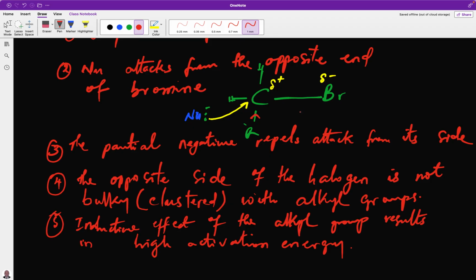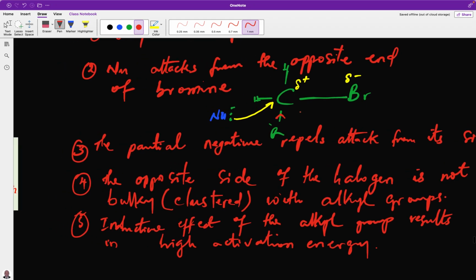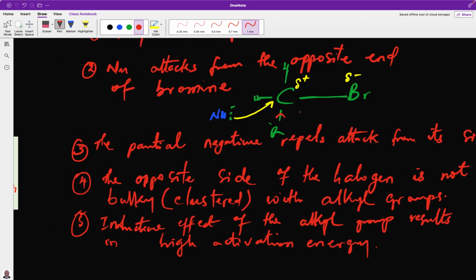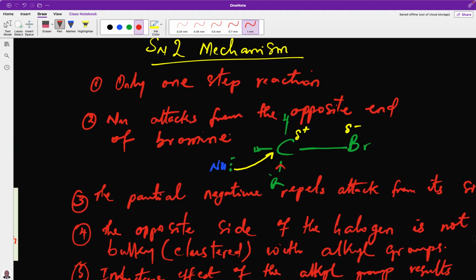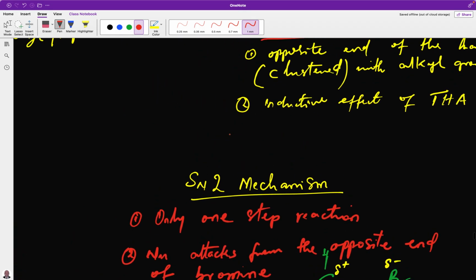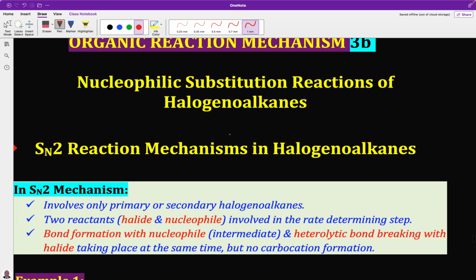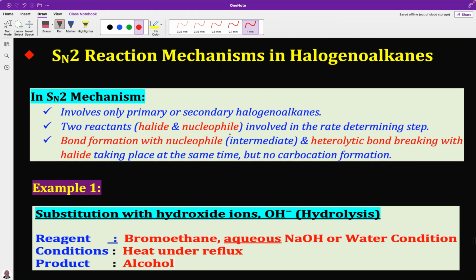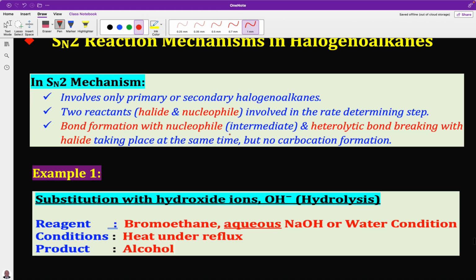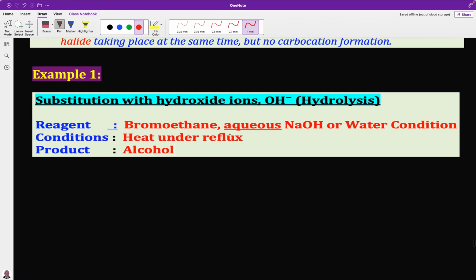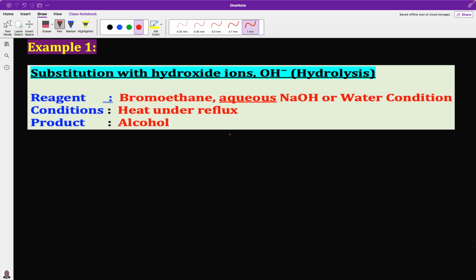So now, for this SN2 mechanism, our example today will be bromoethane with aqueous sodium hydroxide. We are going to use bromoethane and aqueous sodium hydroxide.